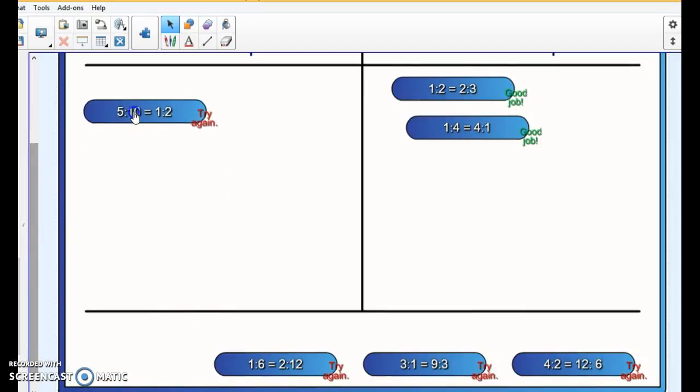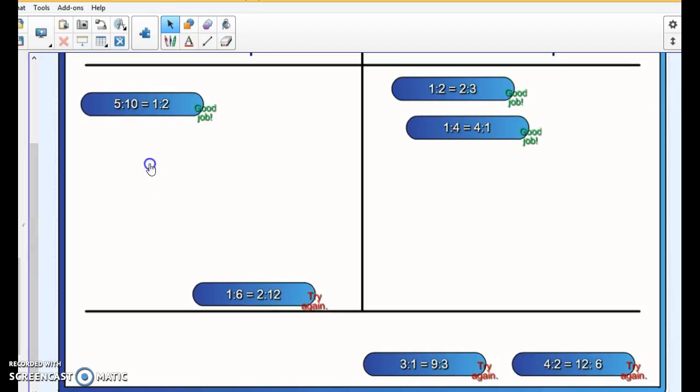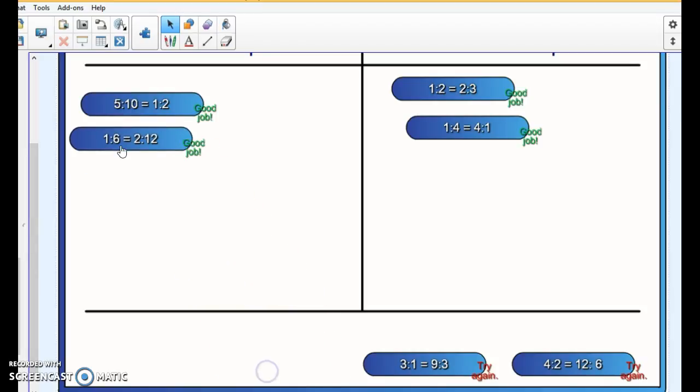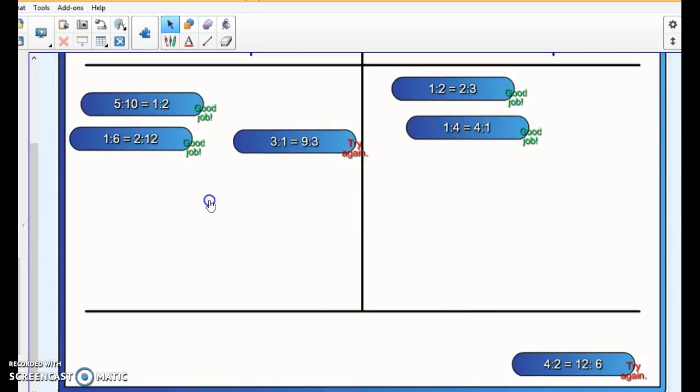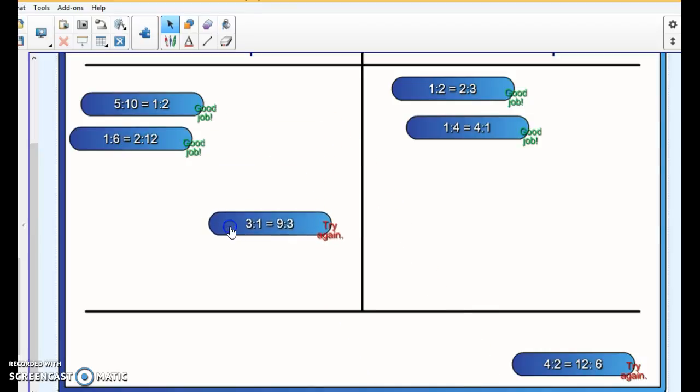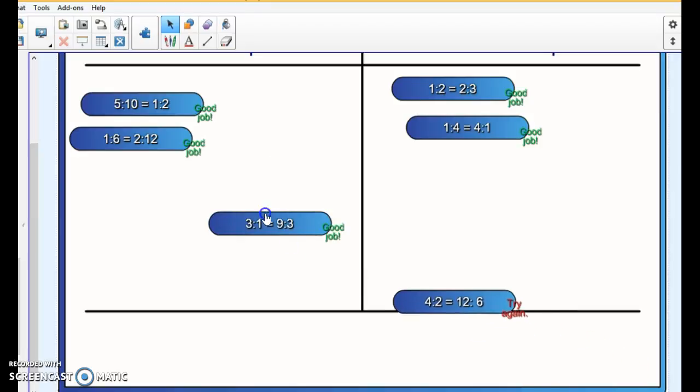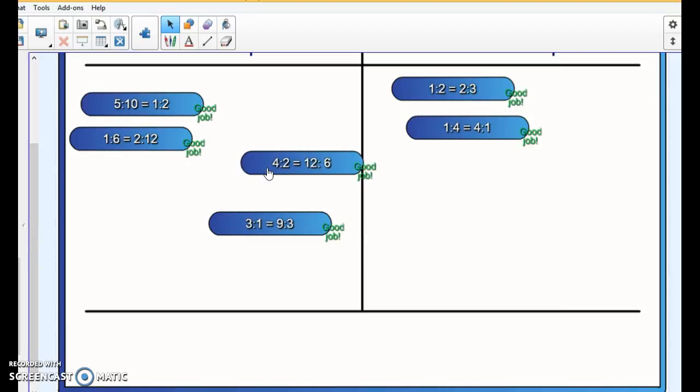Yes, they're both 1/2. 1 over 6 is the same as 2 over 12. 3 to 1 is the same as 9 to 3. 4 to 2 is the same as 12 to 6.